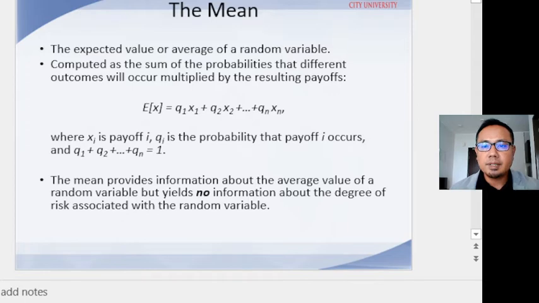The random variable might represent profit, the price of output, or consumer income. So the expected value or average of a random variable is computed as the sum of the probabilities that a different outcome will occur multiplied by the resulting payoff.